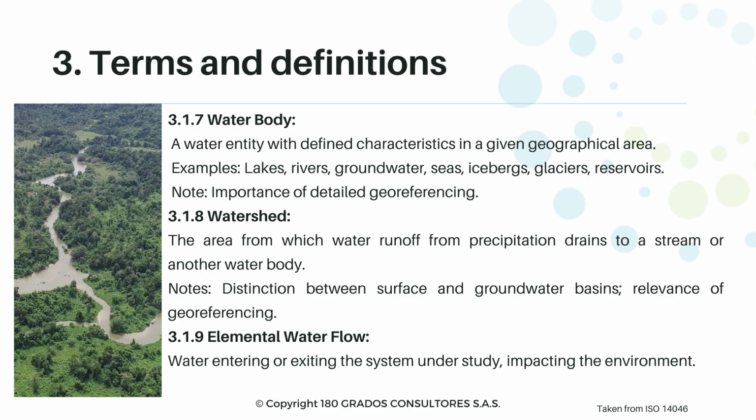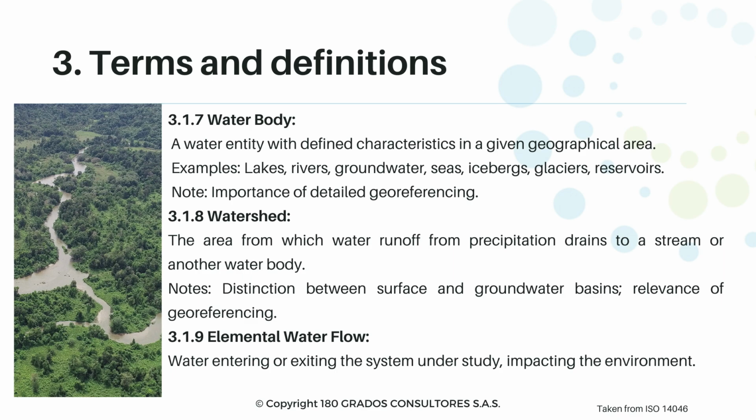Okay. In applying the ISO 14046 standard, it's crucial to understand key hydrological concepts, starting with water body. This term refers to entities of water with a specific characteristic in a designated geographical area, such as lakes, rivers, seas, and glaciers.